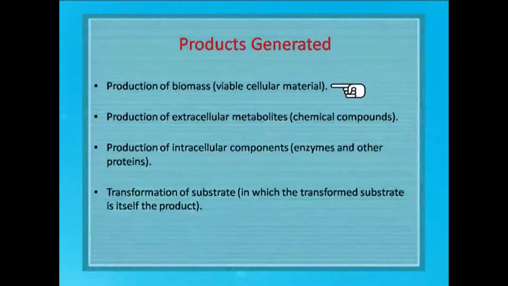That includes biomass generation, that is the microbial biomass. It can be production of different extracellular metabolites. It can be the production of intracellular metabolites like enzymes, and it may also involve transformation of the substrate, and this used substrate after fermentation may be used for other downstream processes.